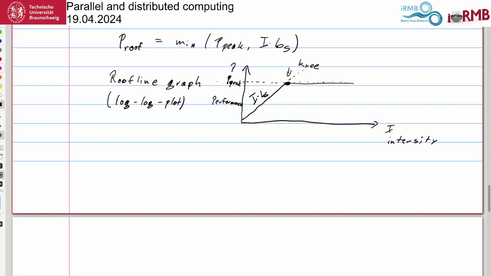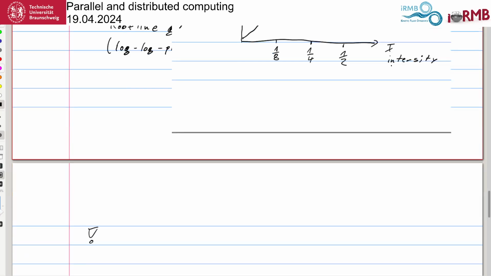So like you see, this would be 1 over 8, so that the same distance would be 1 over 4, and then this would be 1 over 2, something like this. Yeah, so this is what we mean by logarithmic. Everybody clear what a log plot is? Yeah, okay.